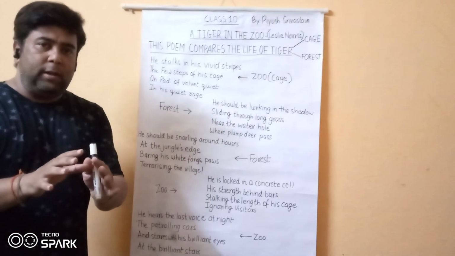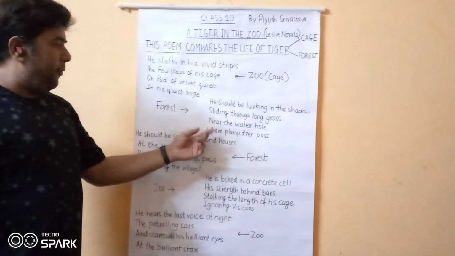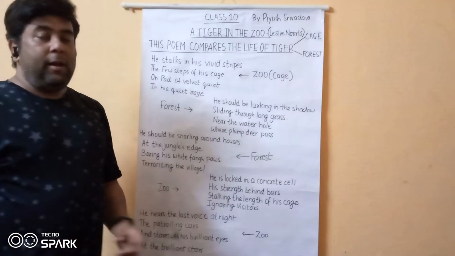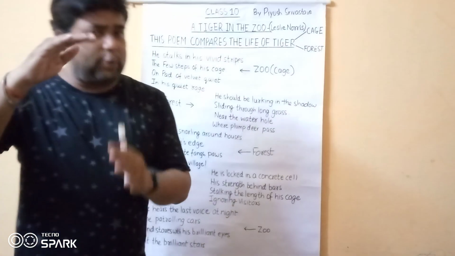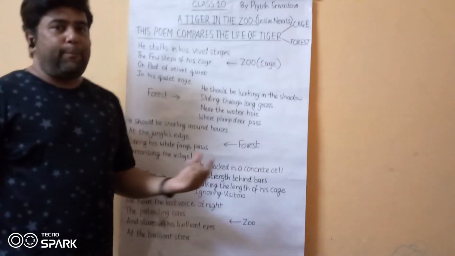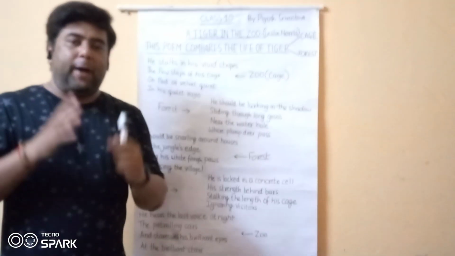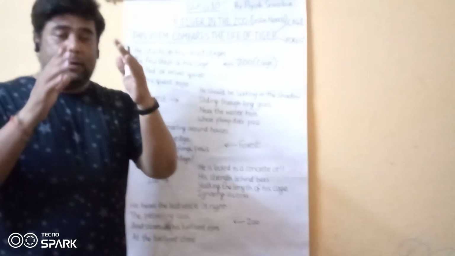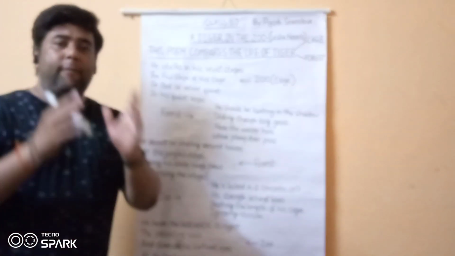So why should he be hiding himself near the grass? Because where the plump deer pass, वो अपने आप को पानी या किसी तालाब के बगल में बड़ी सी घासों में छुपा के इसलिए बैठा होता क्योंकि वहीं पे plump deer, plump मतलब मोटा हिरन पानी पीने आता है. तो जब वो पानी पीने आता तो what could the tiger have done? He could have attacked the deer and he would have killed it.